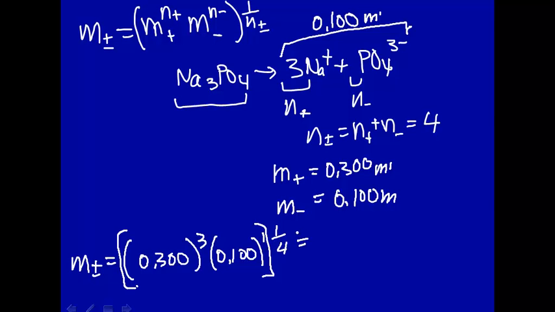We put that in our calculators, and I got 0.228. So this is, if you want, an average concentration of ions, considering both the sodium ions and the phosphate ions. This is molal.